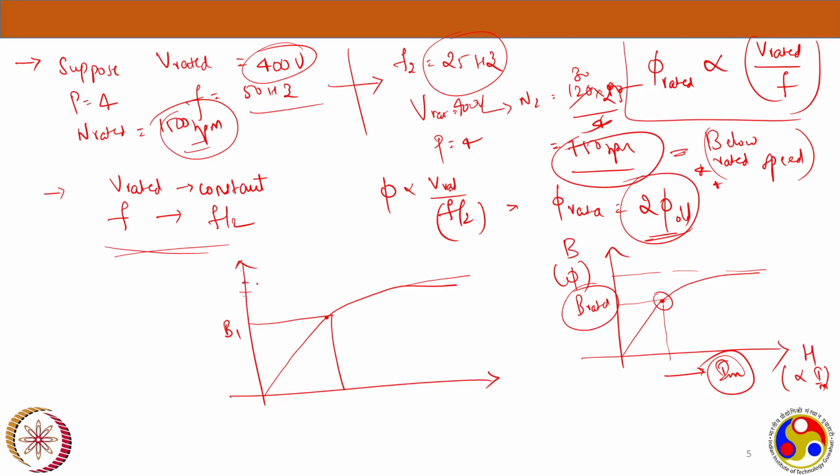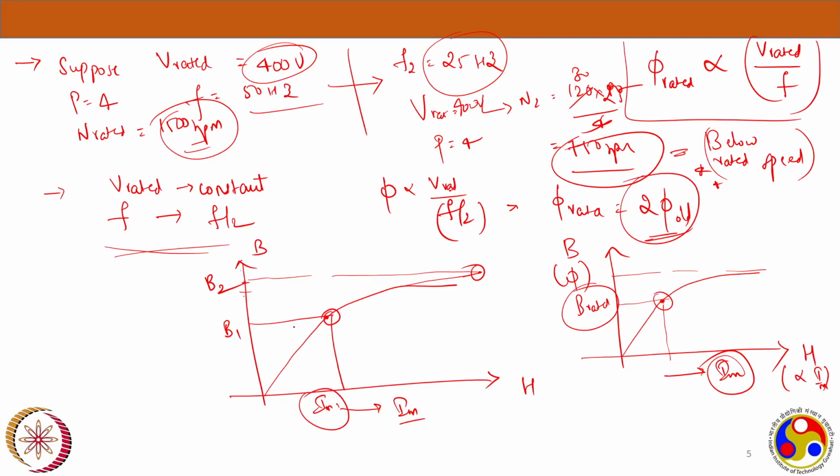Maybe here, twice, meeting this curve maybe here, and previously it was the knee point. Now for the second requirement, this is H, and this is the magnetizing current proportionality. Previously it is IM1 here, less magnetizing current it requires.